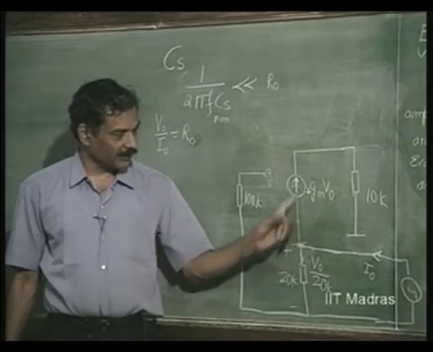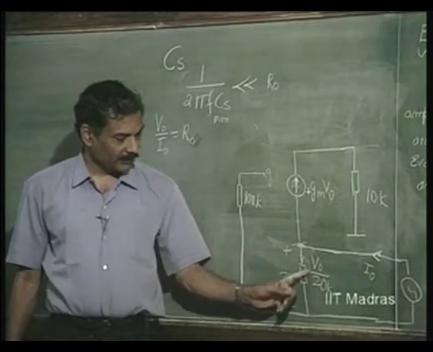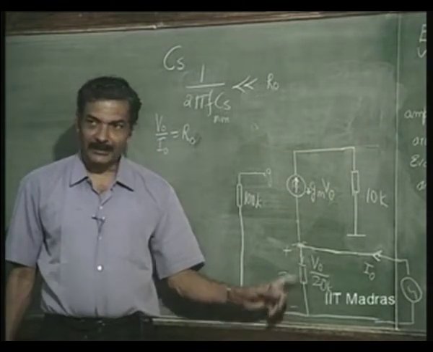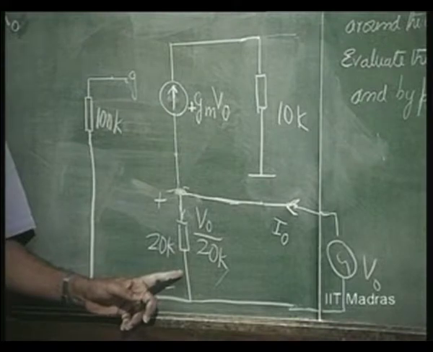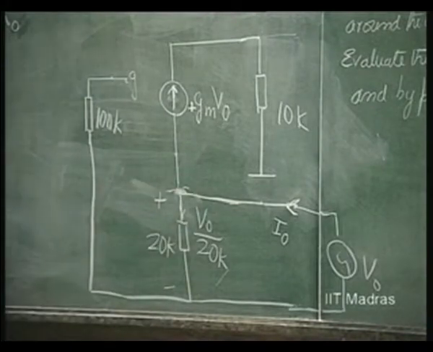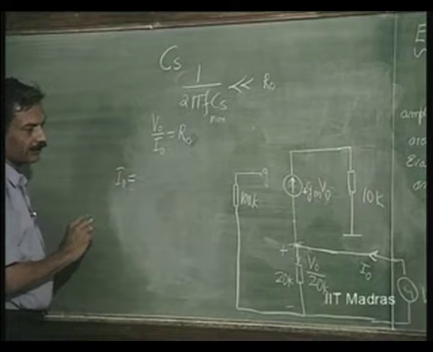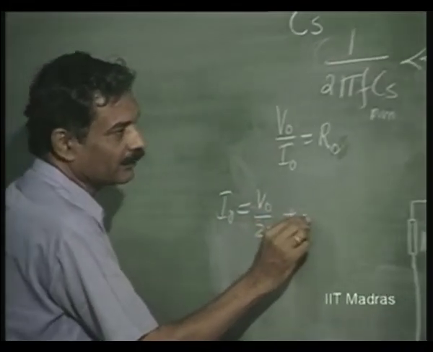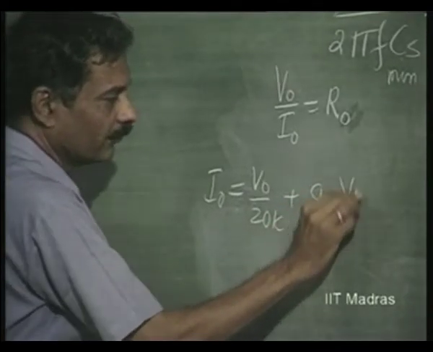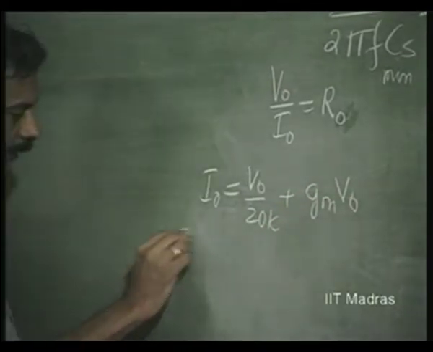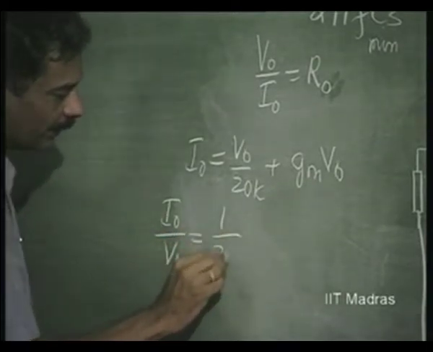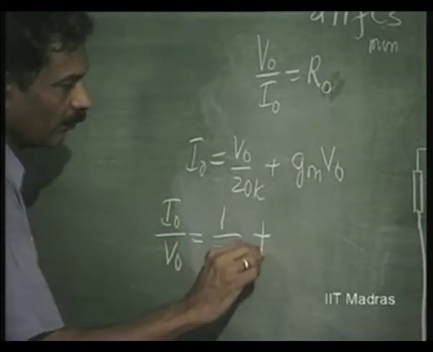So, the resistance seen from here, the voltage across this is V naught and the resistance is 20K. So, the current is V naught by 20K. So, the total current I naught is equal to V naught by 20K plus GM into V naught, or I naught by V naught is equal to 1 over 20K plus GM.